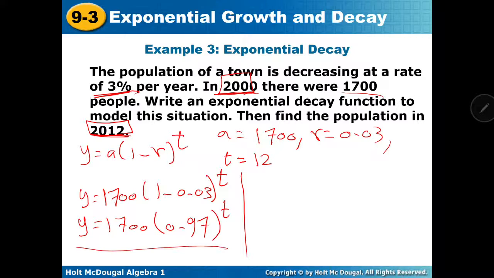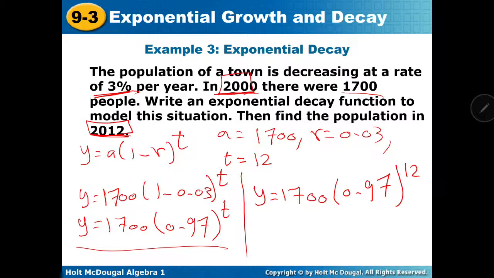That was the function. Now substitute for t with 12 to find the final quantity. y equals 1,700 multiplied by 0.97 all power 12.